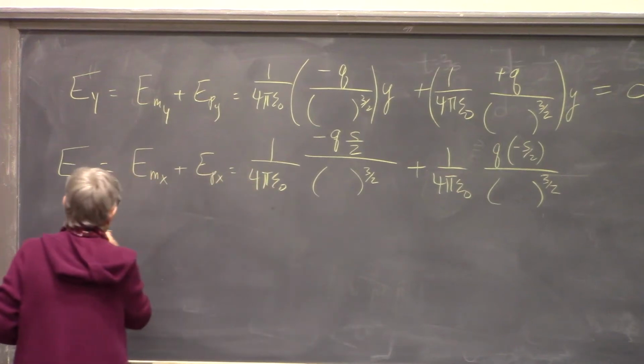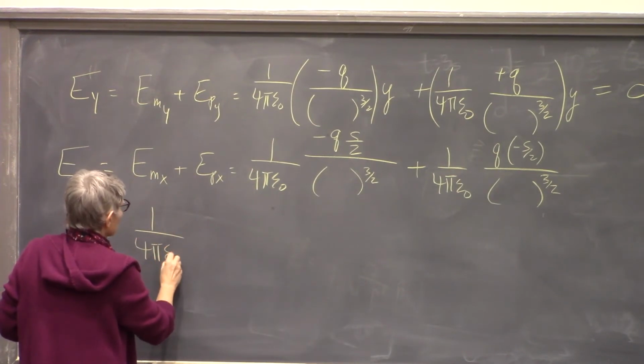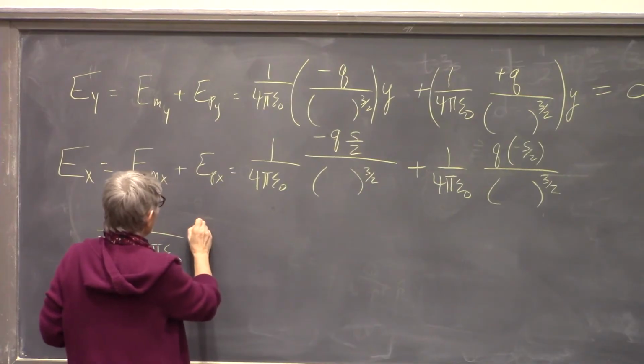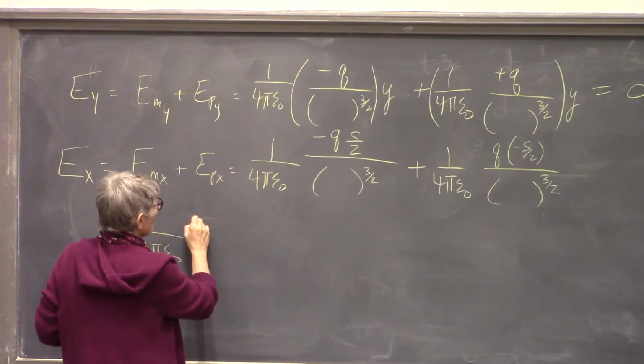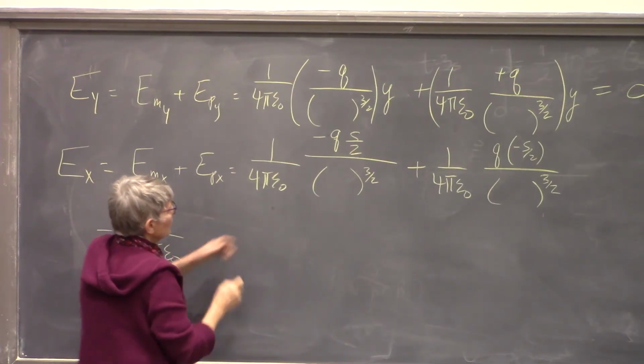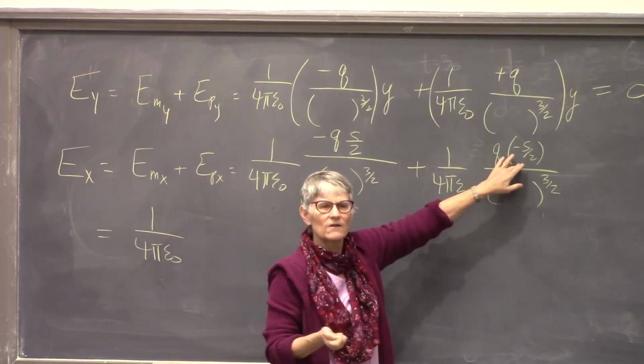So it looks like the x component is going to end up being 1 over 4 pi epsilon 0. Well, so we have a negative q times s over 2 plus a q times a negative s over 2.